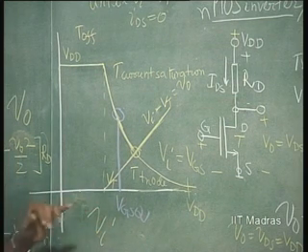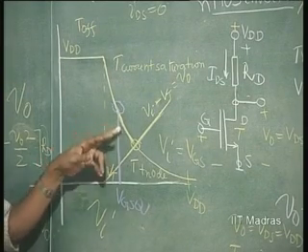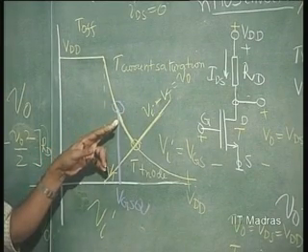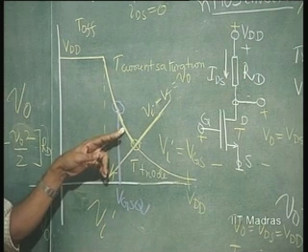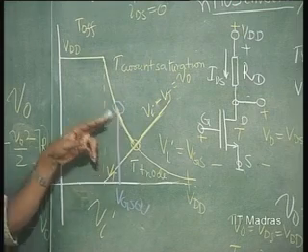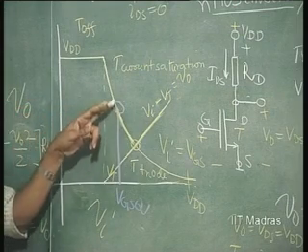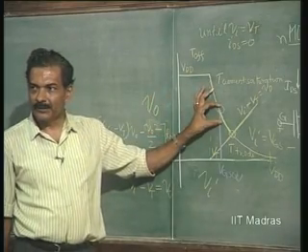I will apply a DC voltage, and then the signal will vary the VGS around this quiescent in such a manner that the current is going to vary. If this current varies, IDS varies, then the output voltage is going to vary.